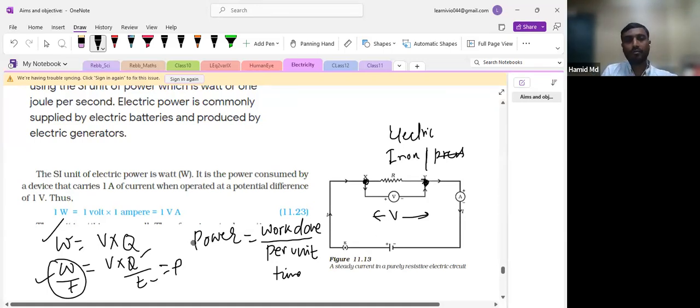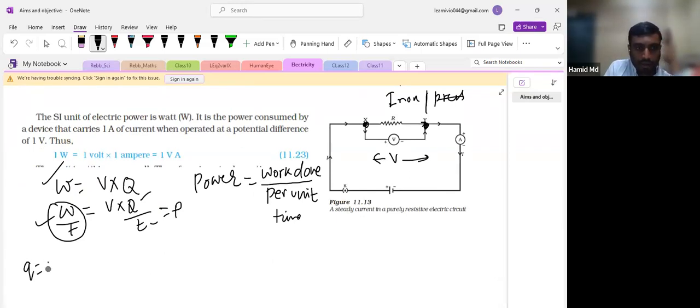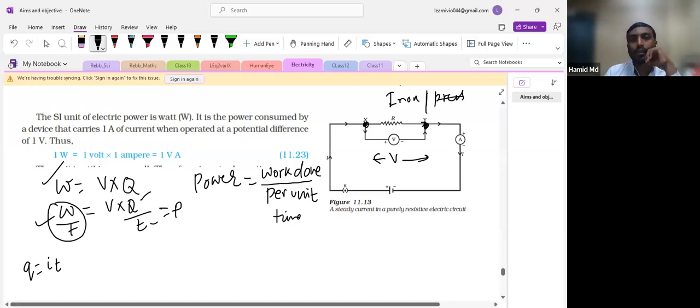So how do we define the current? Q over T is what? Q is equal to IT, right? We all know this relation. Do we know this relation? No, sir. Okay, what is the definition of current?